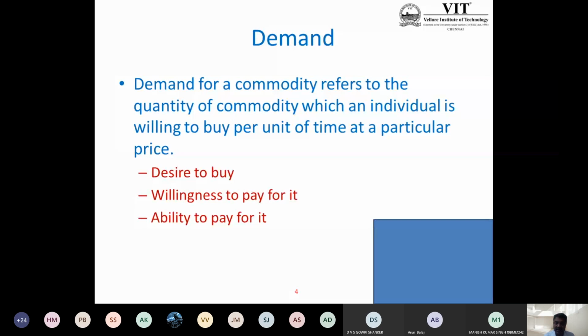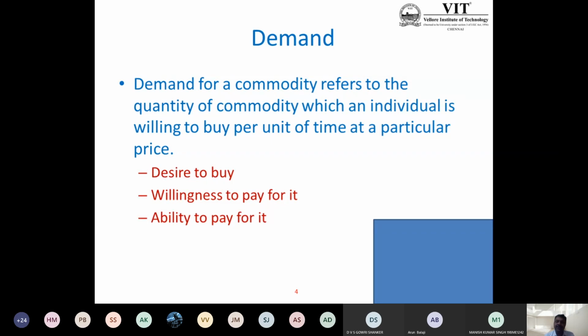So it refers to a quantity which an individual is willing to buy at a given time and a given price, because from time to time my needs will vary. Today I would like to buy only 1 kg of tomato, whereas tomorrow I may be willing to buy 1.5 kg because I may want to make tomato chutney. Tomorrow my demand may be different.